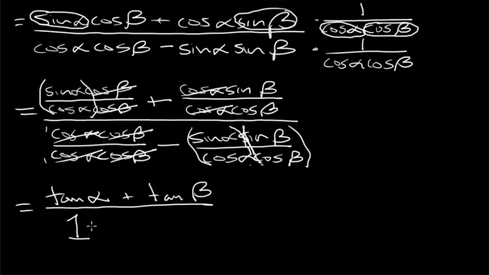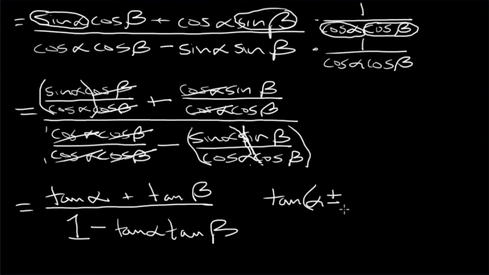And so then 1 minus, and I have tangent of alpha, and then tangent of beta. Tangent of alpha plus or minus beta will be tangent of alpha plus or minus tangent of beta.